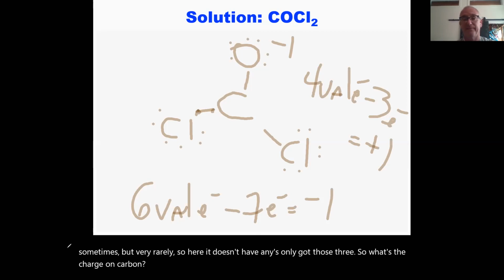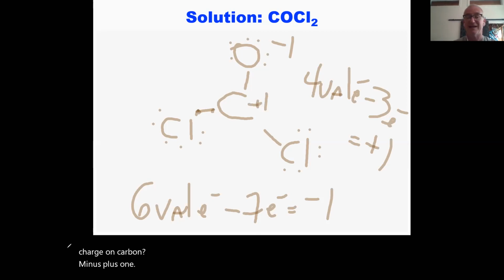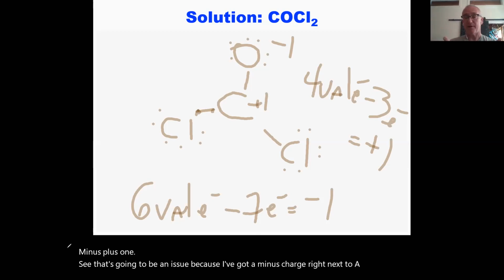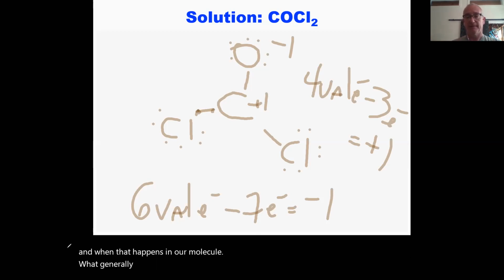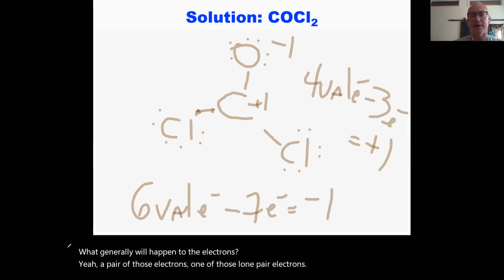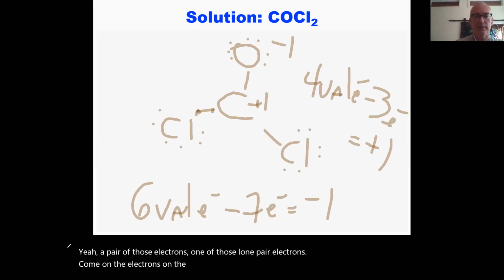+1. Uh-oh. See, that's going to be an issue because I've got a minus charge right next to a positive charge. When that happens in our molecule, what generally will happen to the electrons? Double bond the oxygen and the carbon. Yeah. One of those lone pairs on the oxygen will move and make a double bond.